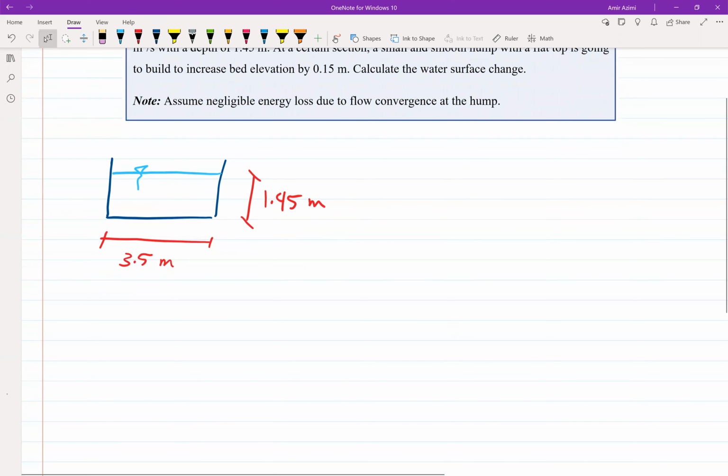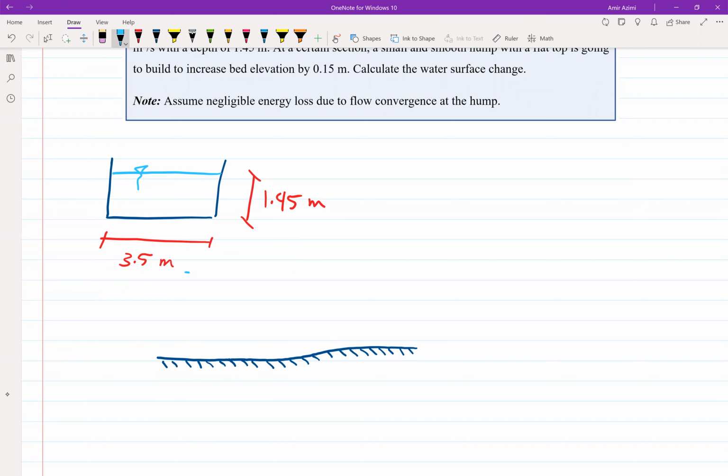So if I draw the channel section, so we have a smooth change. And then we have the water surface. So we know that the water depth here at this point is 1.45 meter.